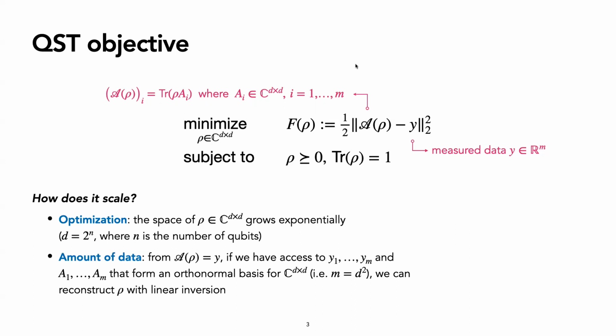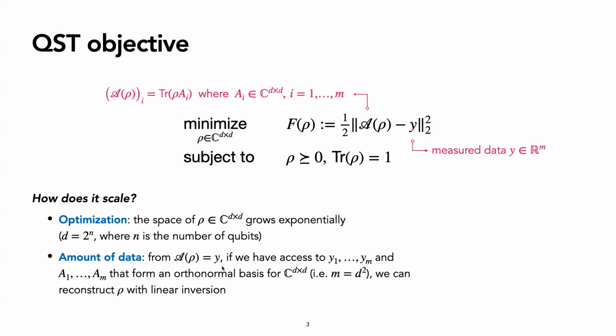This optimization problem is notoriously hard to scale, and it suffers from two main bottlenecks. The first is with respect to optimization. Our variable of interest rho, a d by d dimensional complex matrix, grows exponentially in the number of qubits. Secondly, in terms of the amount of data, we have this linear relation, calligraphic A of rho equals y, which is why we have this least squares objective.